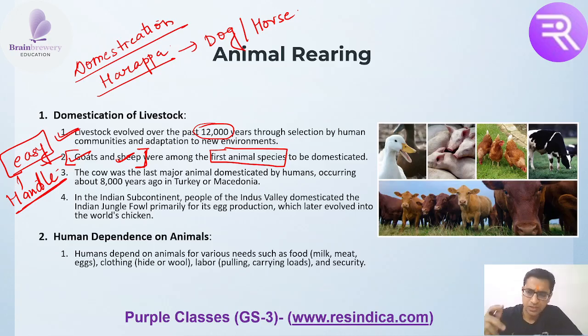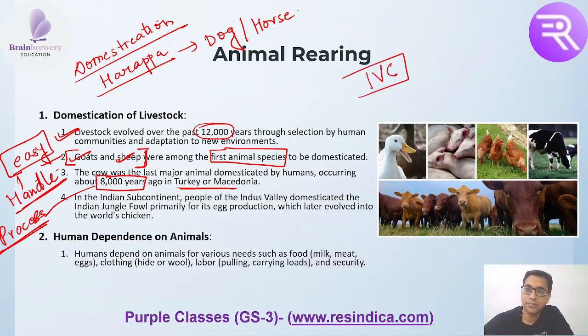Then the cow was the last major animal that was domesticated, around 8,000 years back in Turkey or Macedonia, because during that time they had evolved a process of handling these big animals, right? Even if you go by our Indus Valley civilization, it is near Pakistan, Rajasthan, and Western UP, the western part of our country.